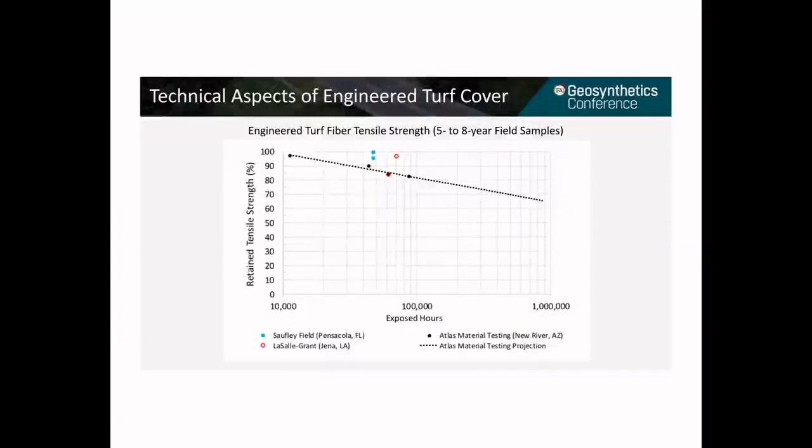As you can see, the 4 data points are either at or above the line that represents the data from the Atlas weathering facility, which provides confidence in the data used to project the half-life. As more engineered turf cover projects get older, we will be collecting more samples from the field to further verify the projection.